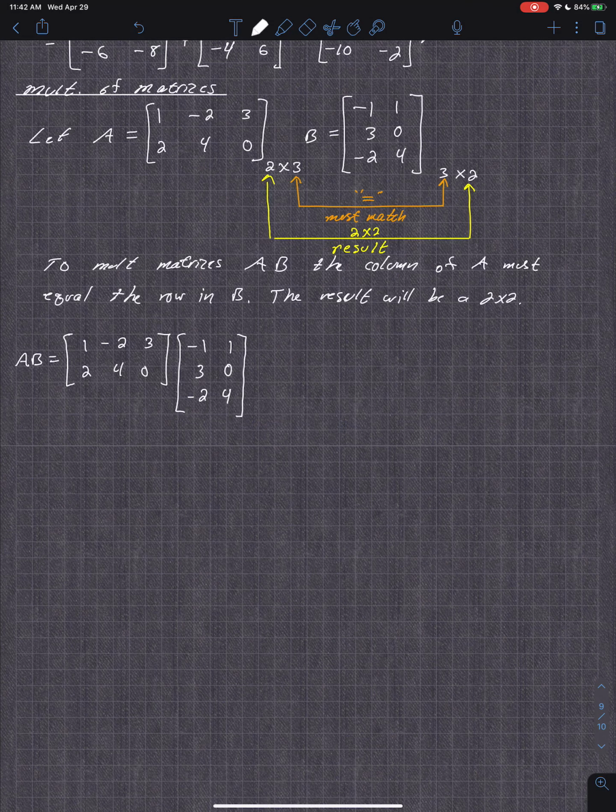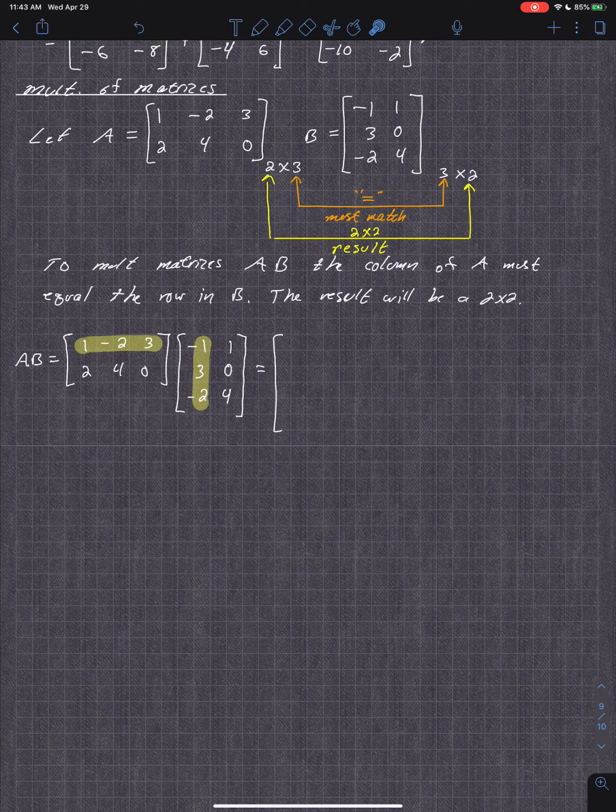All right. I don't know if that paused in the middle or not. We'll just keep going. You multiply this row by this column first, and that's your first entry. So we're going to say this is equal to, and leave plenty of space over here. It's going to be 1 times -1 plus -2 times 3 plus 3 times -2.